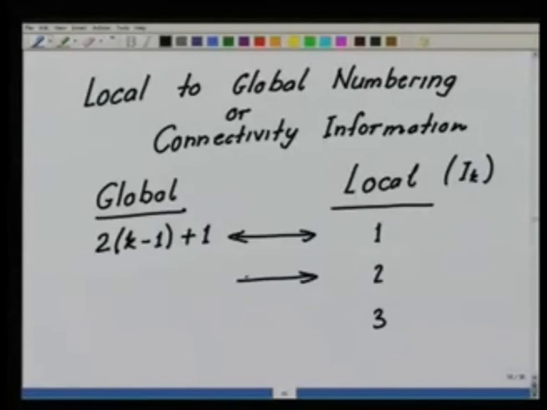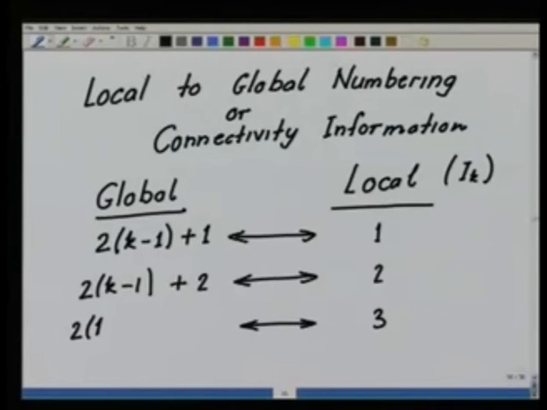This one, N2, corresponds to phi 2k globally. So I will rewrite it as 2k minus 1 plus 2. Similarly, N3^k will correspond to phi 2k plus 1.